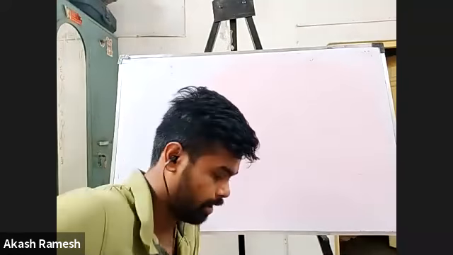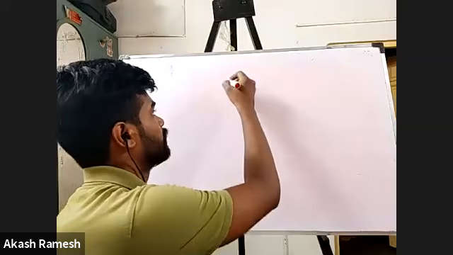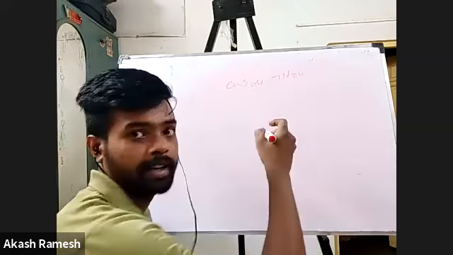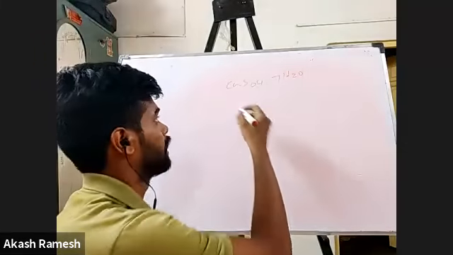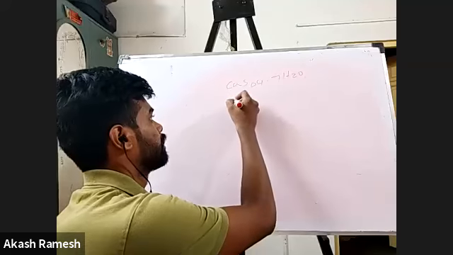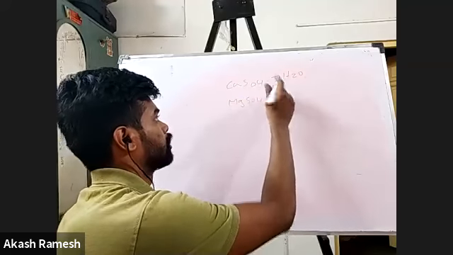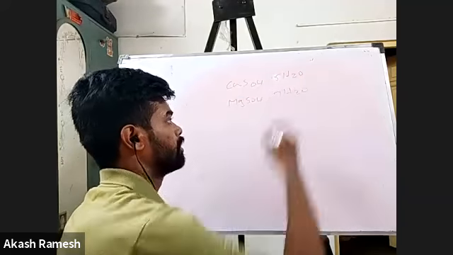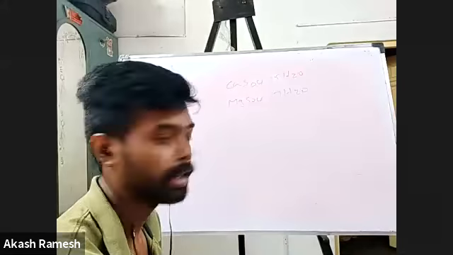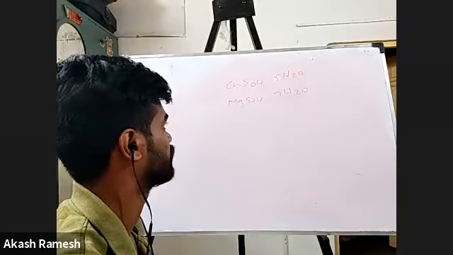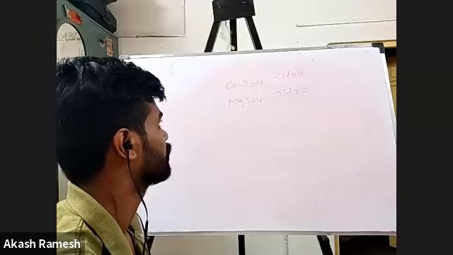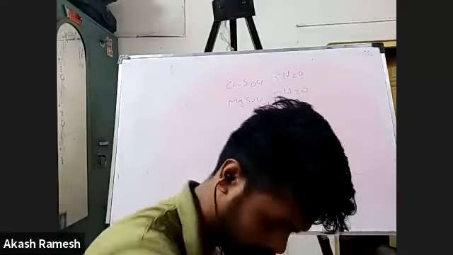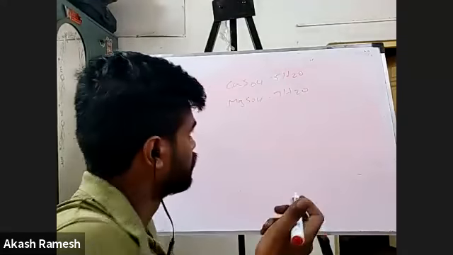Right? Okay. Say now I'm going to have CuSO4.5H2O and MgSO4.7H2O. Now let me calculate the molecular mass of this. So molecular mass, if you calculate for CuSO4.5H2O, right?